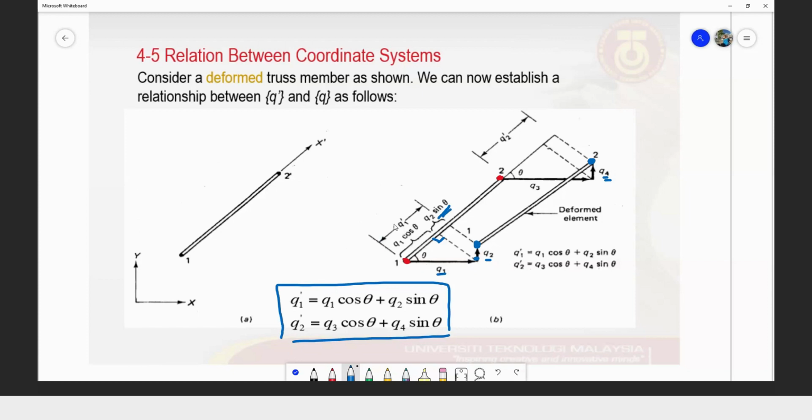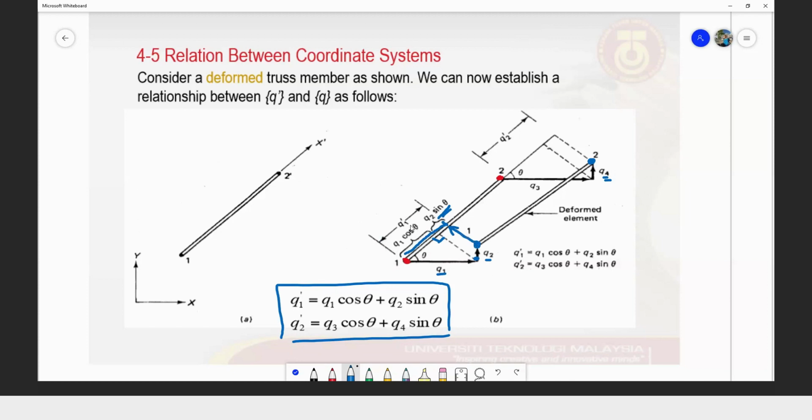So from this, we found out that this position, dia move in the X direction about this Q1, but when it moves in the Y direction, bila kita projectkan this point towards our original position, actually yang kita nak tahu ni how much displacement in this direction yang dia dah displace, which is equal to Q1 cos theta plus Q2 sin theta, to refer to the displacement from the original to the new position of nodes number 1.